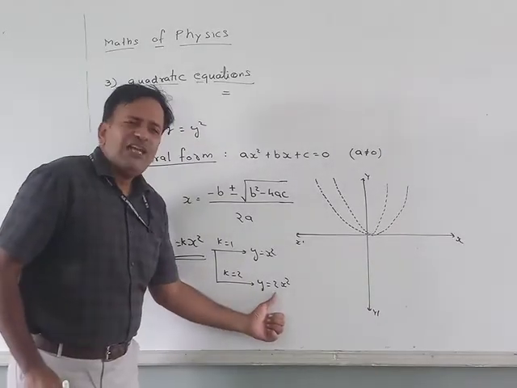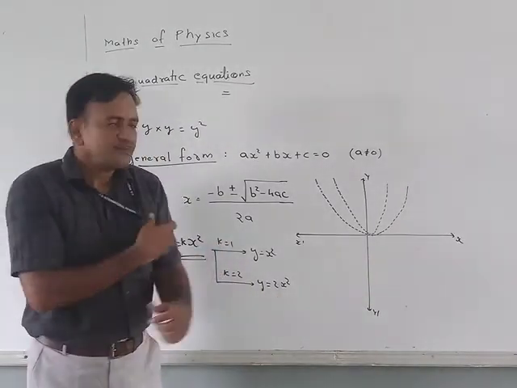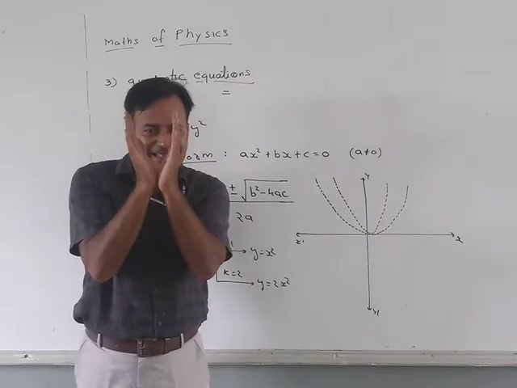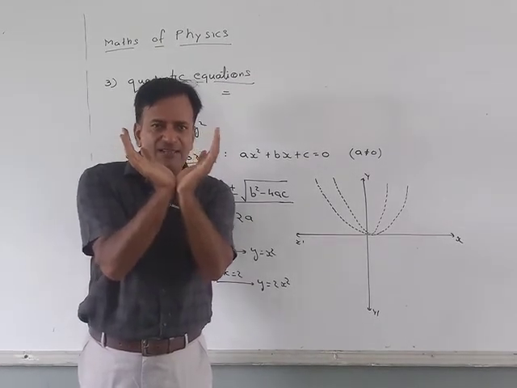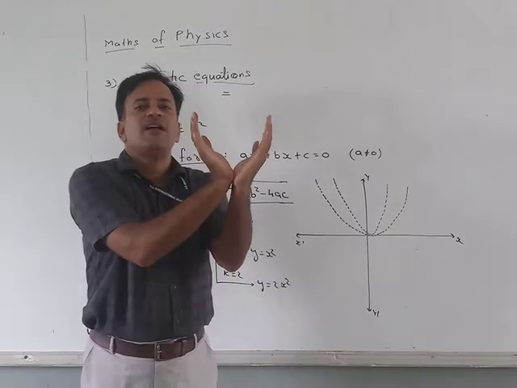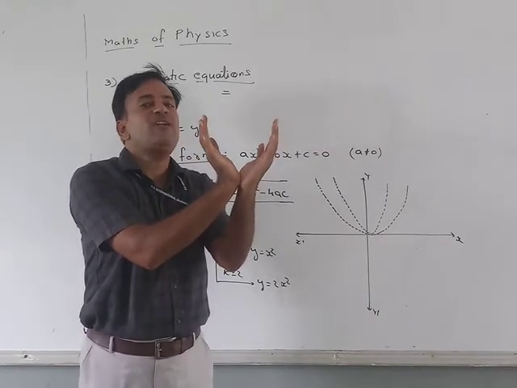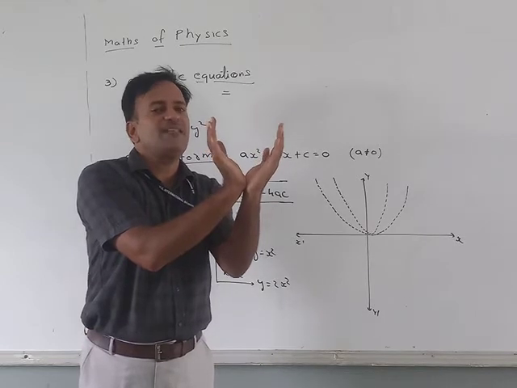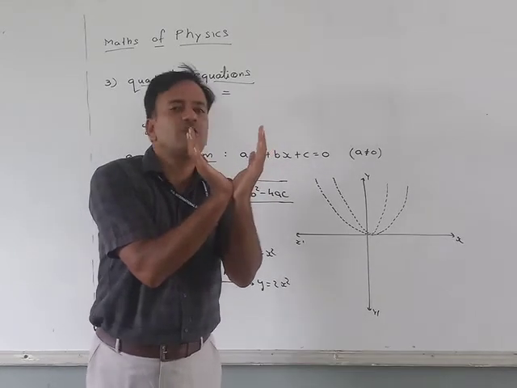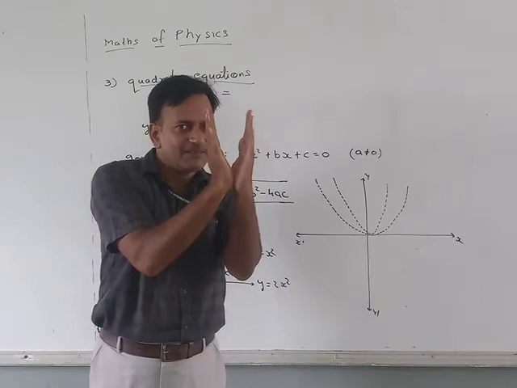So when you increase the value of k, the graph shrinks like this. This was y equals x square, and now y equals 2x square, it shrinks.